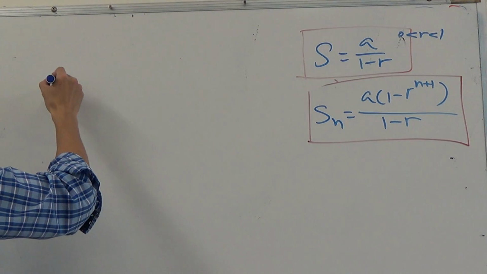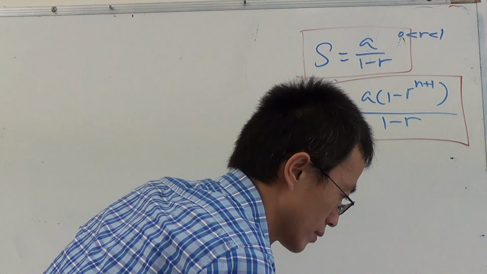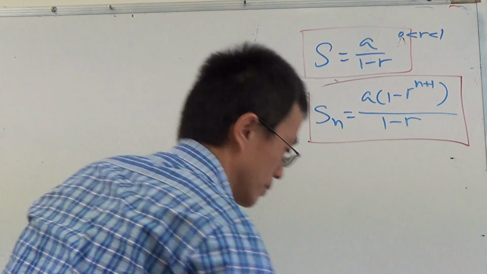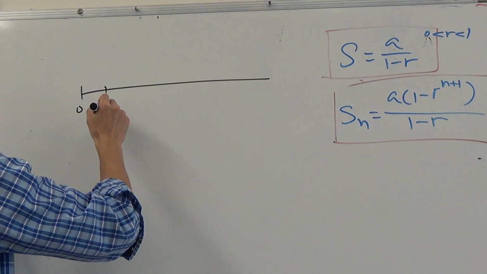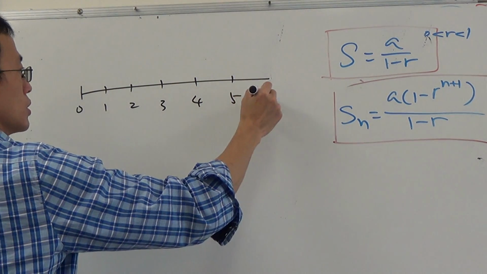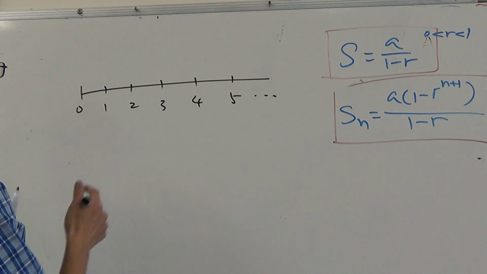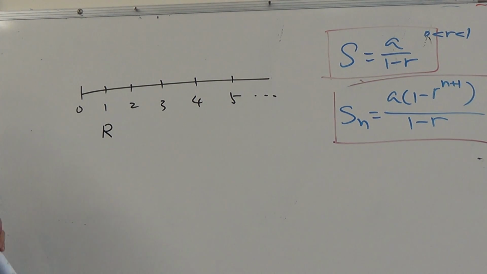Okay, let me use the timeline again. 0, 1, 2, 3, 4, 5, and so forth. So this annuity occurs every period.